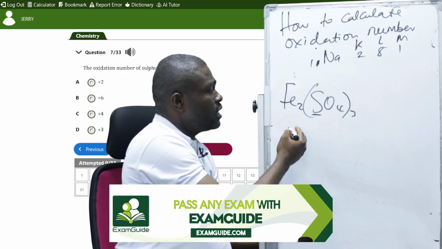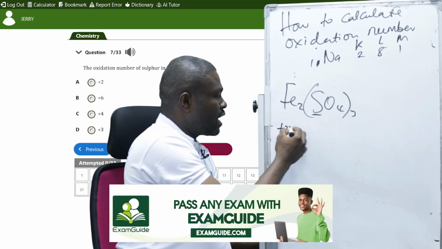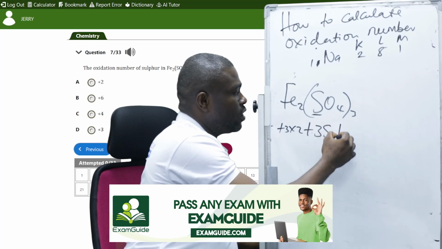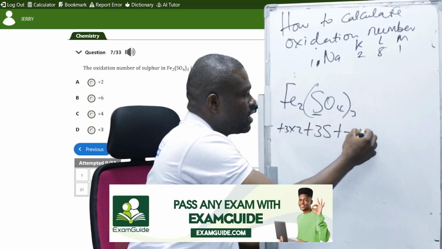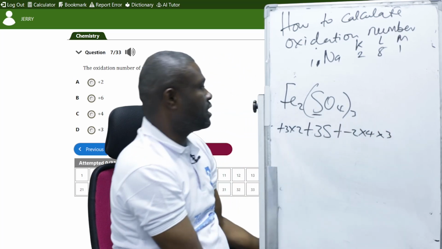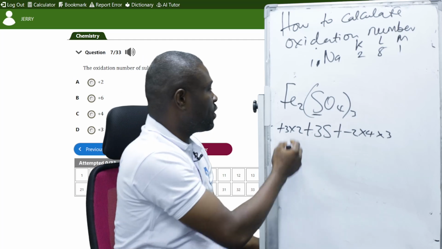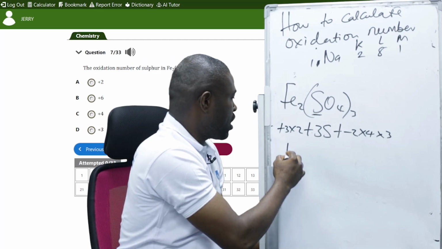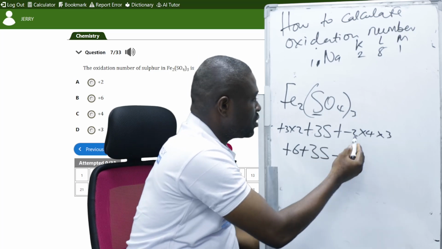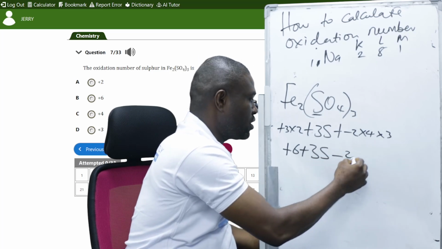So that means this is plus 3 times 2, plus sulfur, which is x, plus oxygen, which is minus 2 times 4. Then you have to multiply it with 3. Can you see that? So what do I have here now? I have plus 6 plus 3x minus 2 times 4, which is 8. 8 times 3 is 24.